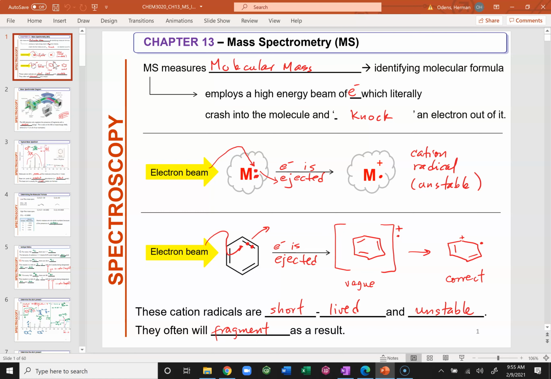All right? So if I want to represent the collision here, here's my electron cloud. This is my molecule. My molecule is neutral. Mass spec only identifies ions, and they need to be plus charge or minus charge. You can also do minus charge, especially when you deal with carboxylic acid.